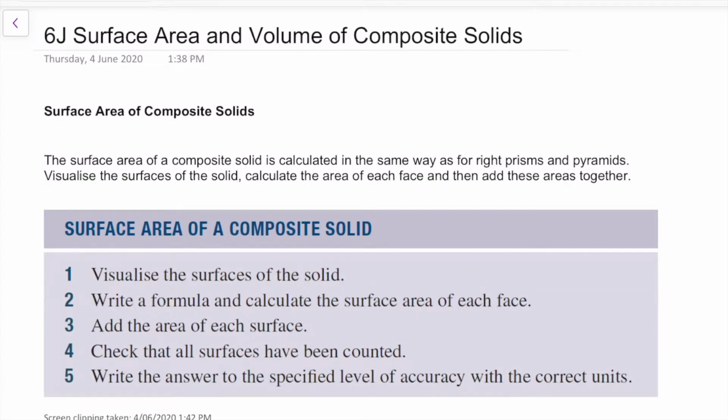Hello and welcome to this video in the measurement series, this time with surface area and volume of composite solids. Composite solids are those types of solids that are not the same as right prisms or pyramids or even spheres.